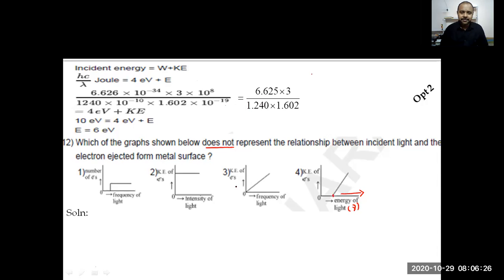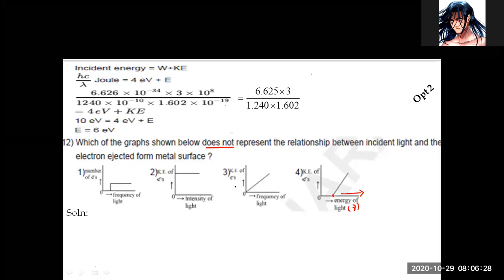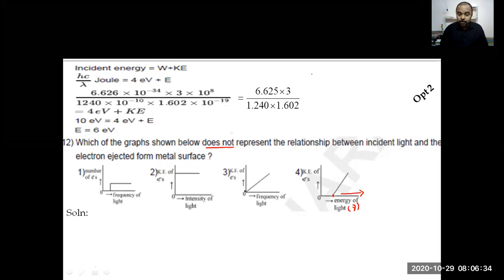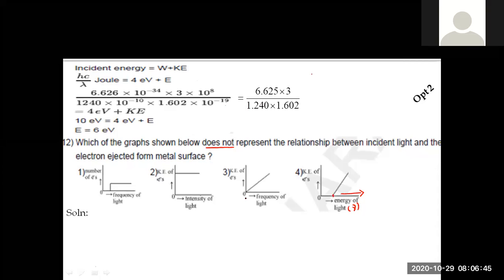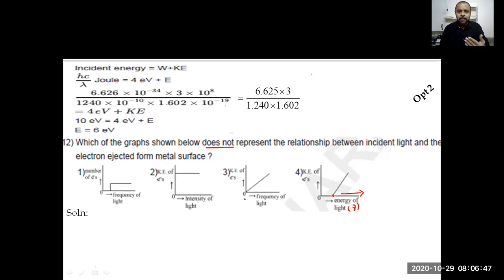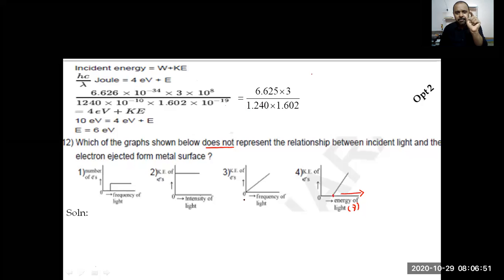Vikram: Sir, but we can still increase the kinetic energy of electrons with higher frequency, no, sir? But this graph shows that almost from the initial frequencies itself, the electron's kinetic energy increases. That is wrong. First of all, with the initial frequencies from 0 onwards, the electron will not be ejected at all. Every metal requires minimum sufficient energy to remove an electron, that is the threshold energy.